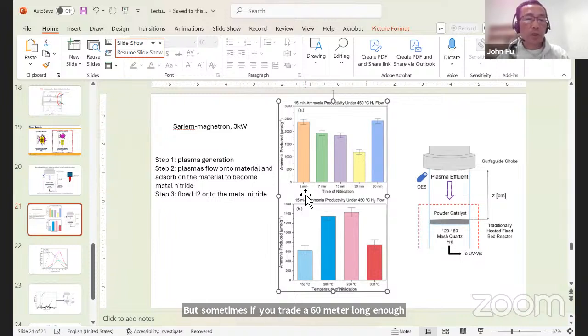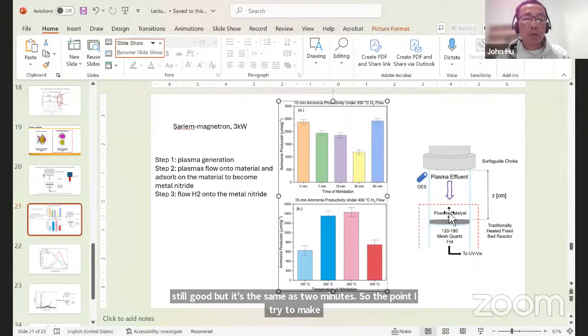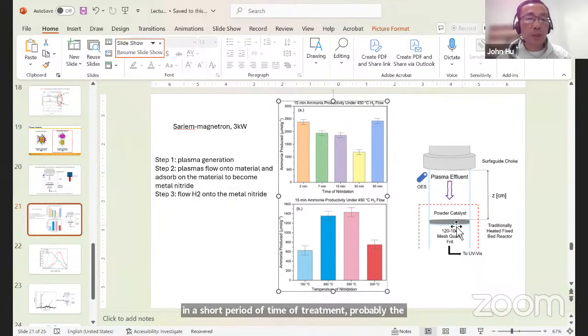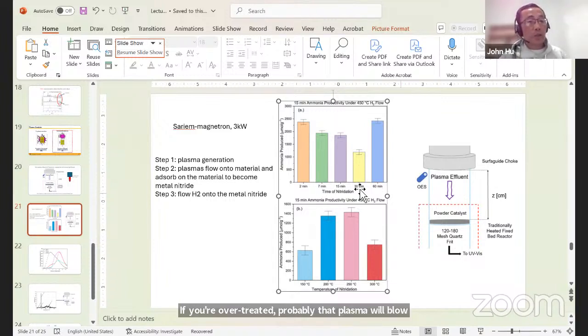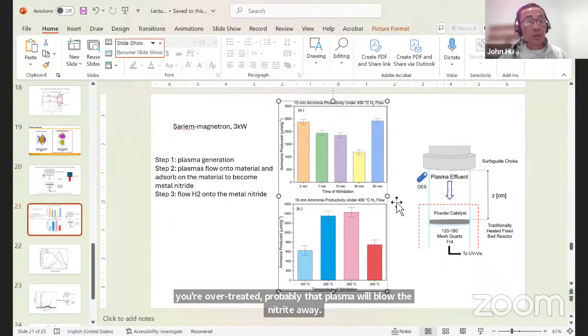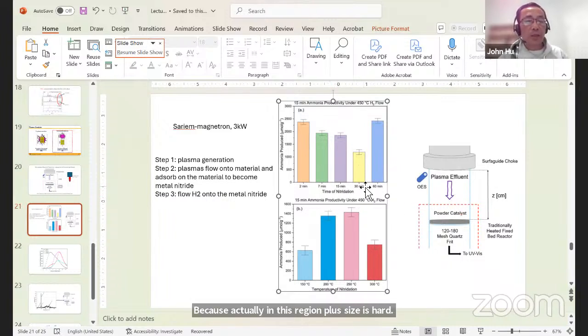The point I try to make is that in a short period of treatment, the plasma adsorption is probably good enough. If you overtreat it, the plasma will probably blow the nitride away, because in this region, plasma is hot. There are different theories behind this, but we could not interpret it. So there's no pattern on how many minutes you need to treat it.